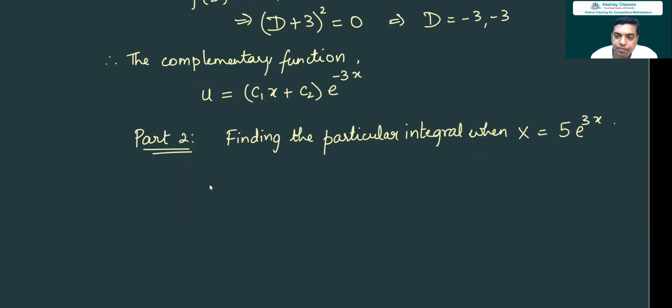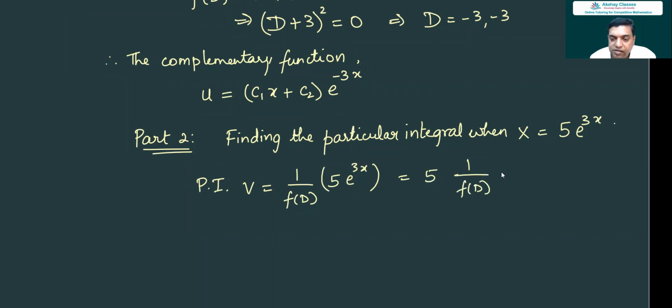So the particular integral v is 1 by f(D) times 5 e^(3x). 5 comes out as it is, so 1 by f(D) times e^(3x).